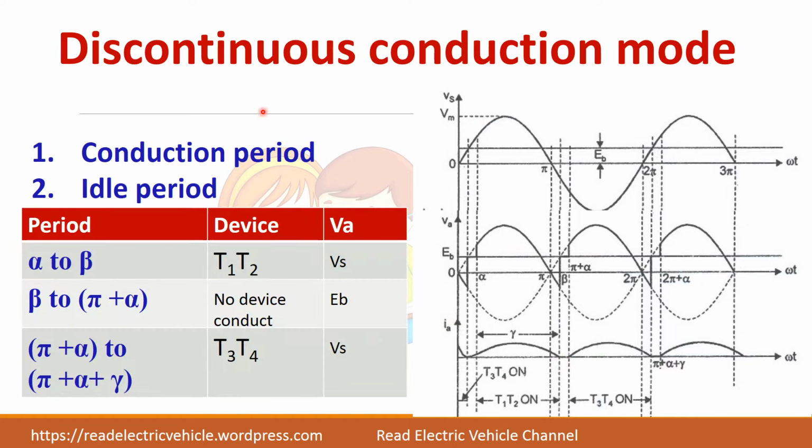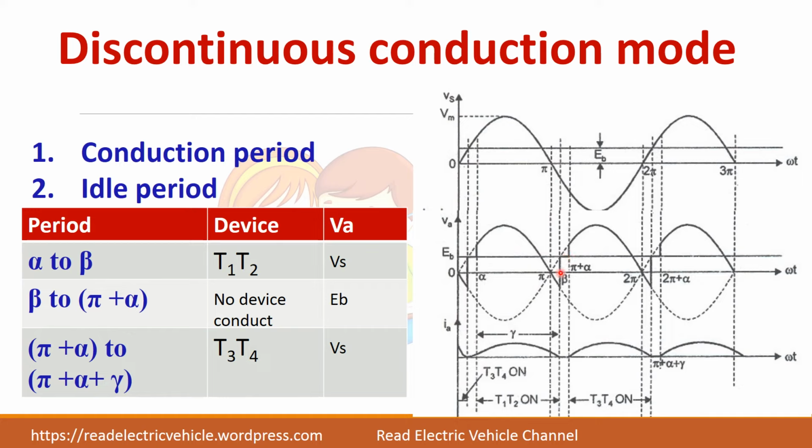If you see the output waveform, at alpha you are giving the firing pulse for the devices, so it will follow the output voltage waveform till beta. At beta, the armature current becomes 0, but you will give the gate pulse only at pi plus alpha. So from beta to pi plus alpha, none of the devices will conduct and the output voltage will be equal to back EMF.